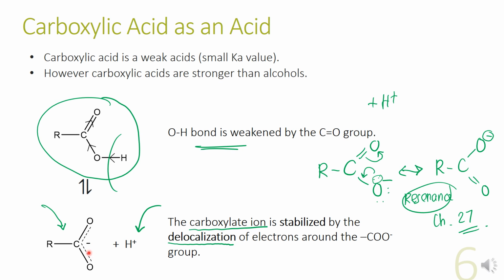This carboxylate ion is stabilized due to the delocalization of the electrons around the COO minus group. As I already explained during the class, between these two structures there is a resonance, the electrons are delocalized, and thus these ions are stable.